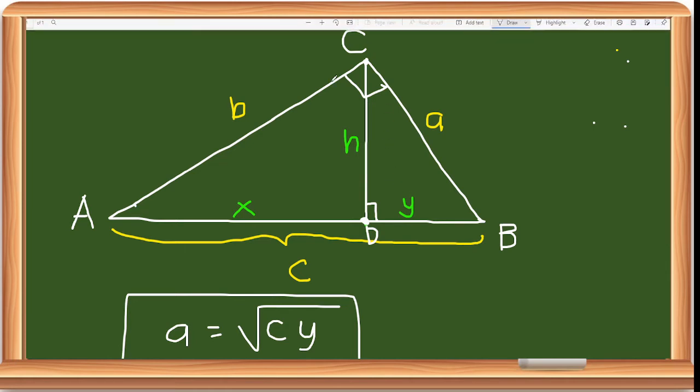The formula for this one: in getting for the sides A, B, and H, H would be the altitude. A is one of the legs of the bigger right triangle, and B, A and B are the legs. C is the hypotenuse.